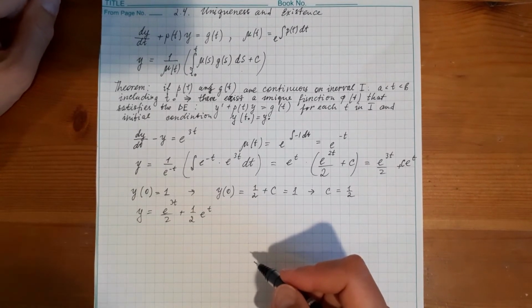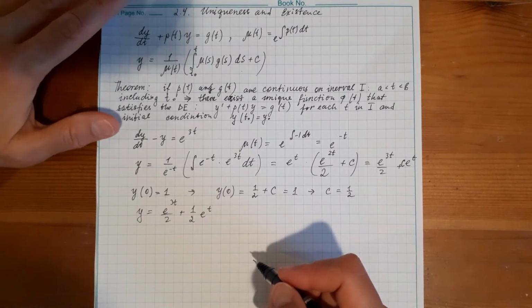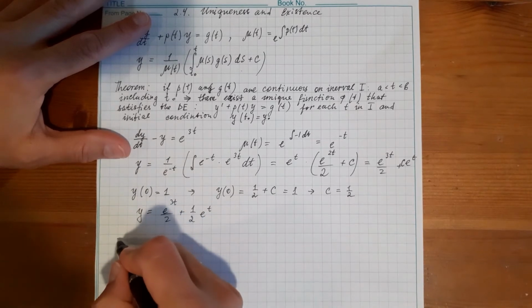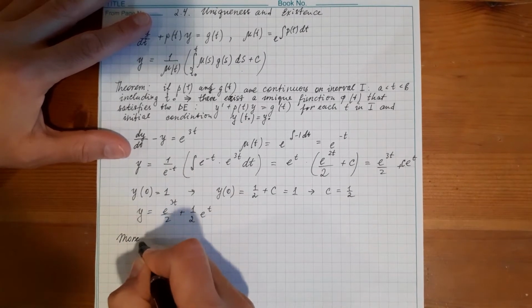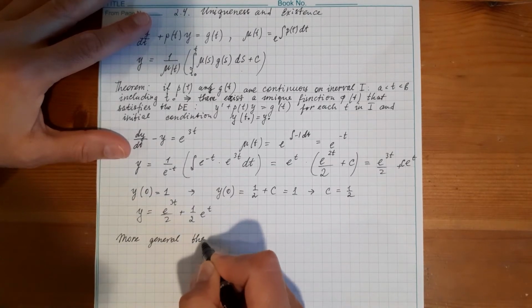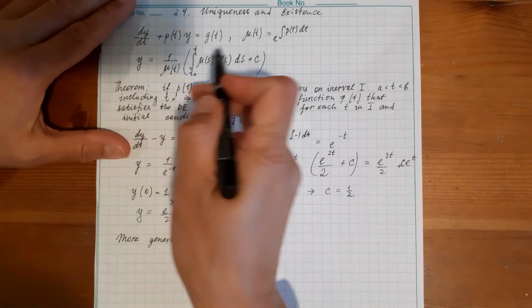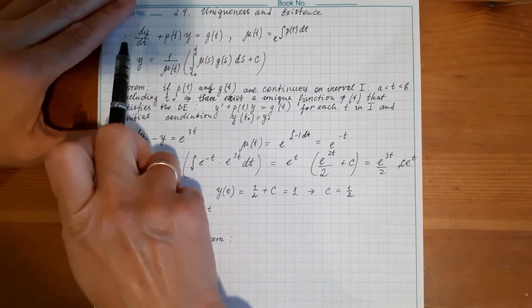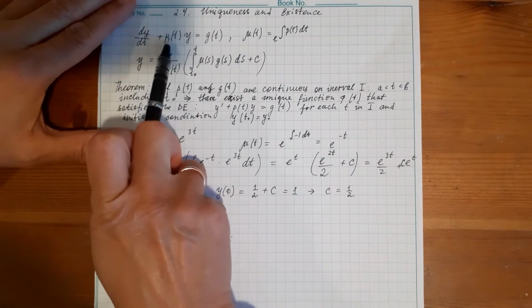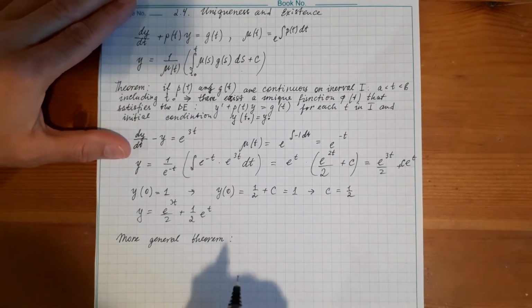A more general theorem deals with a slightly more general function. More general theorem for a first order equation. This is a linear equation, right? The coefficient here is 1, the coefficient here is p of t, and it looks like a polynomial of first degree.